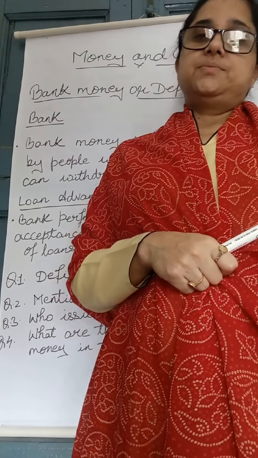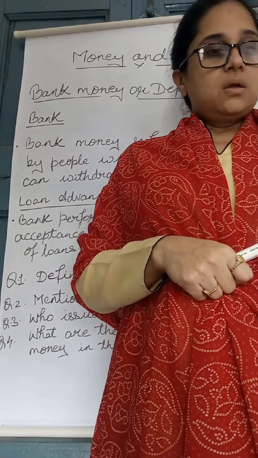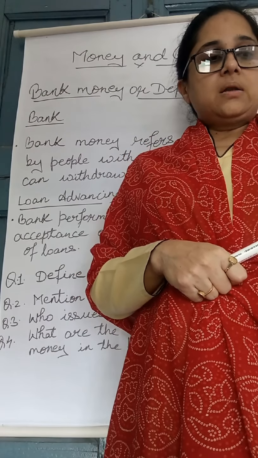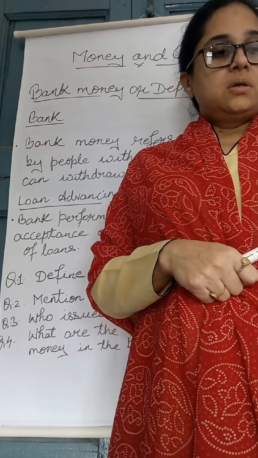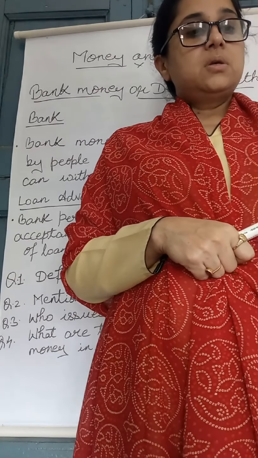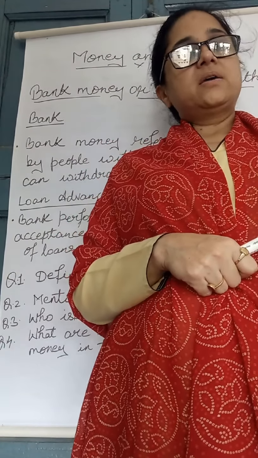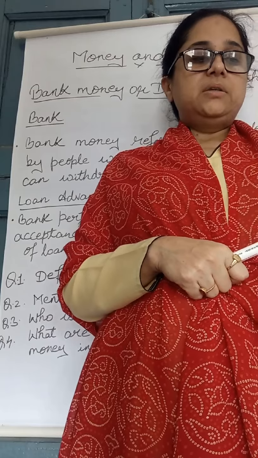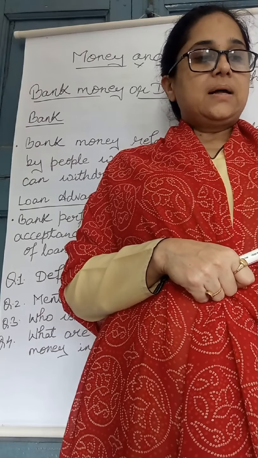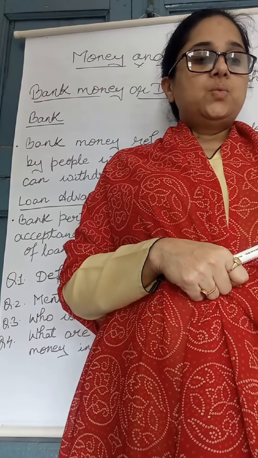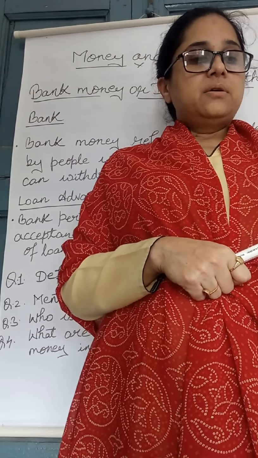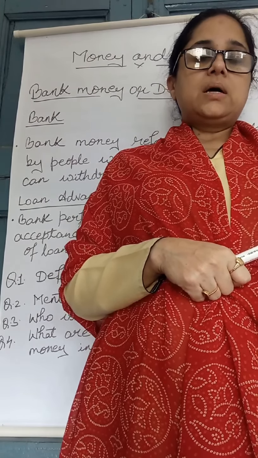Now suppose after getting this check, Sohanlal deposits it in his bank account with Punjab National Bank, Delhi. Then Punjab National Bank collects the money from Mohanlal's bank account with the State Bank of India and deposits it in Sohanlal's account.